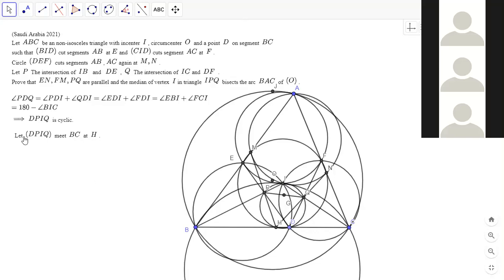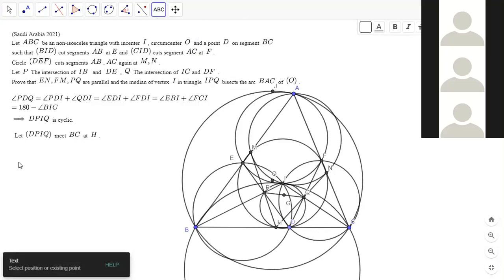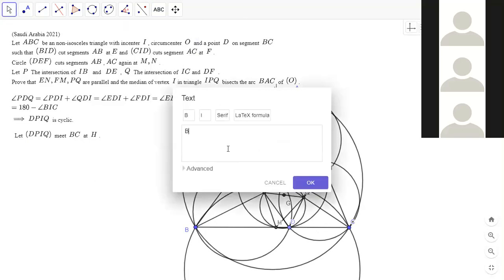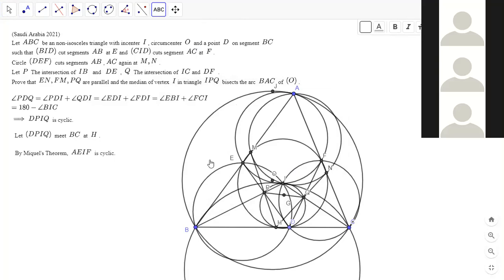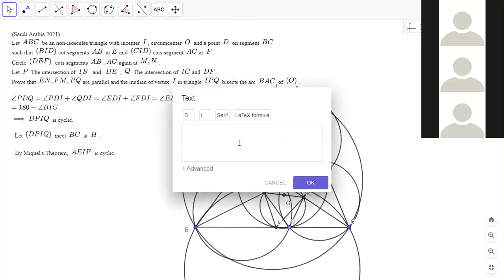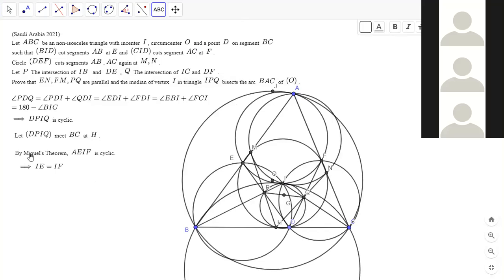Well, first of all, we know AEIF is cyclic by Mikkel's theorem, and so that means that IE equals IF, since AI bisects angle EAF.